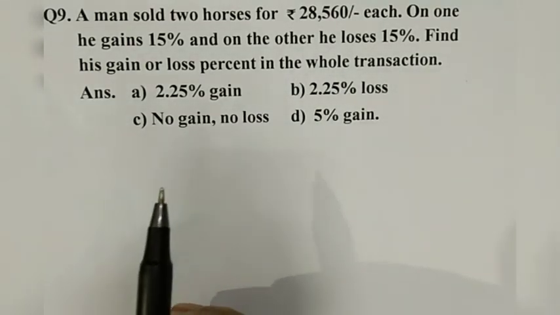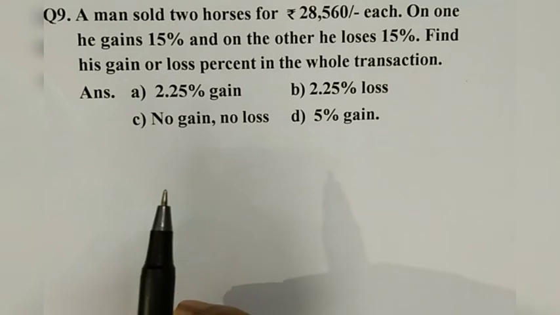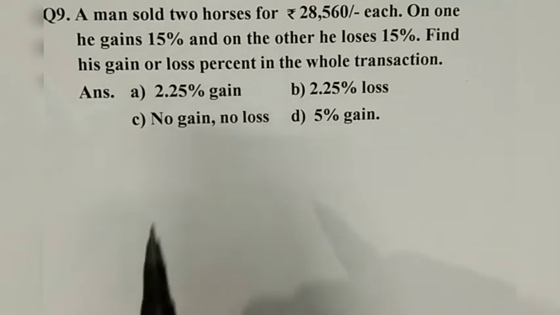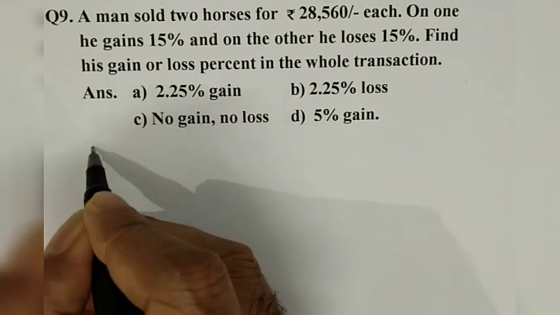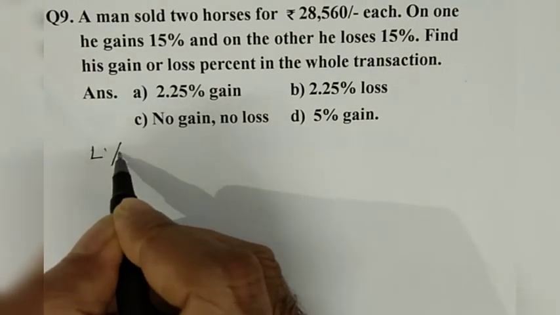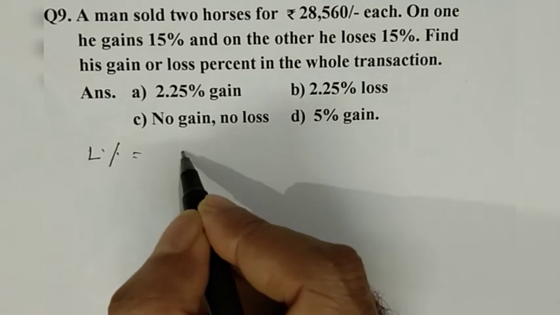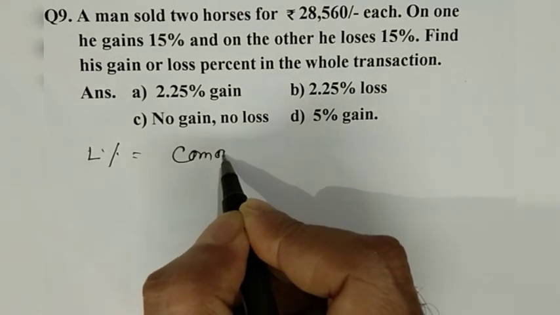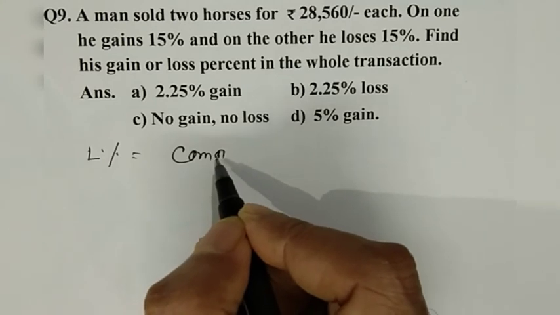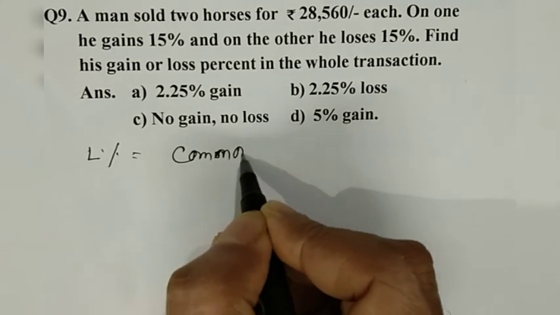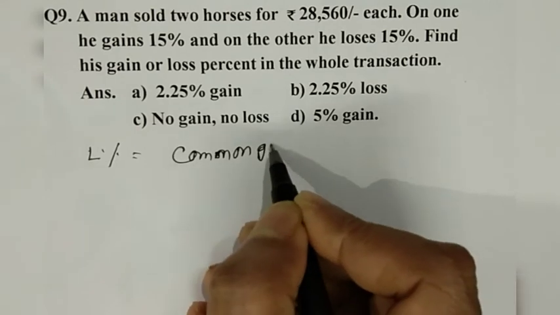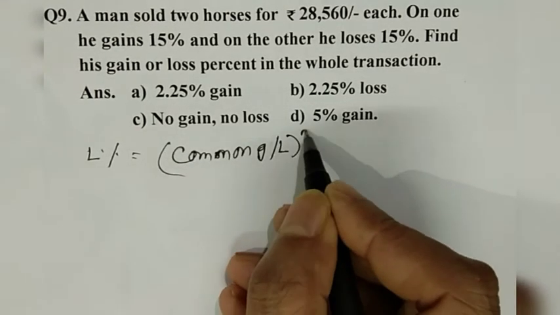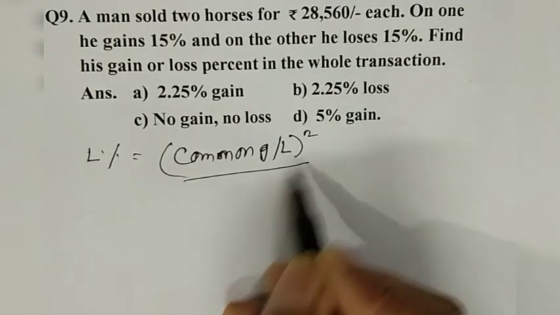In such a case, you will remember there is always a loss. Then loss percentage is common gain or loss whole square by 100%.